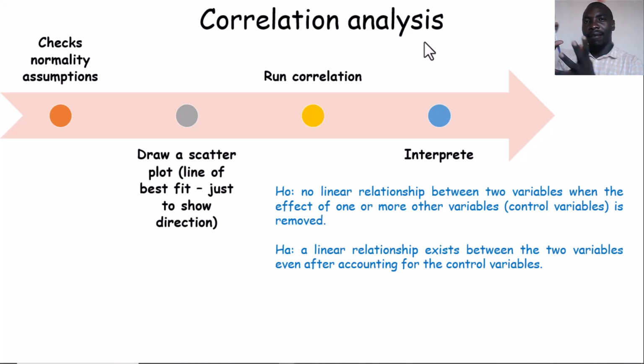Once you remove the effect of horsepower, there is no relationship between sales and price. That's the null. Whereas the alternative says a linear relationship exists between the two variables price and sales, even after accounting for the control variables or those other confounding variables.